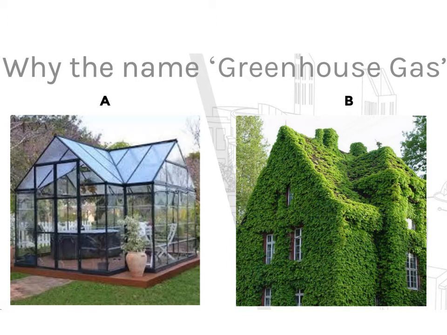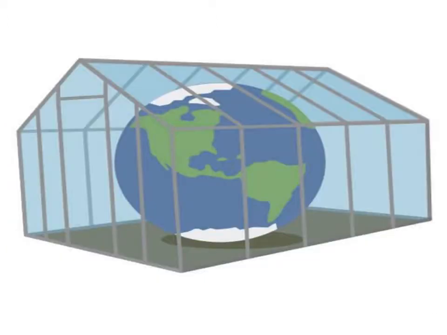So many tropical plants can also be grown there. This type of glass house or greenhouse has been practiced in many countries. So when the whole planet becomes like that, it becomes the greenhouse effect. It's just as if the entire planet is kept inside a glass house.